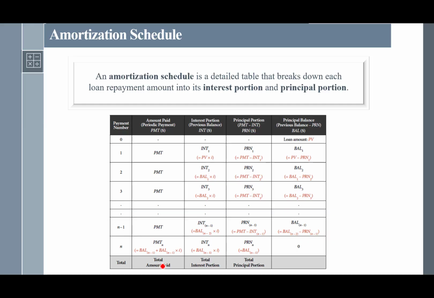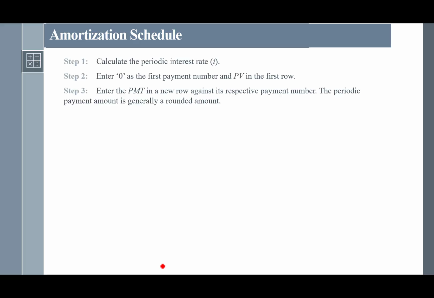So as you can see, it's a long and complicated table or schedule. We're going to make it easier by looking at the calculator. The first step, if we're going to do the table, is of course to find the interest rate. The first payment is 0 for the PV, then enter the PMT for all of them except the last one.